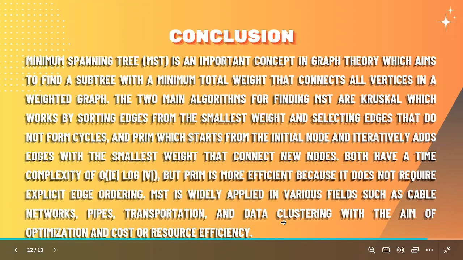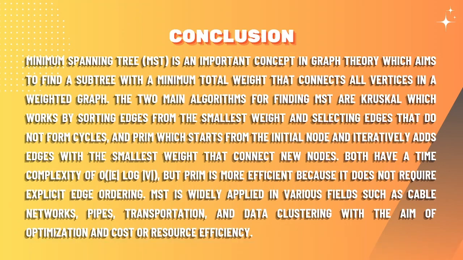So for the conclusion, minimum spanning tree, or MST, is an important concept in graph theory, which aims to find a subtree with a minimum total weight that connects all vertices in a weighted graph. The two main algorithms for finding an MST are Kruskal, which works by sorting edges from the smallest weight and selecting edges that do not form cycles, and Prim, which starts from the initial node and iteratively adds the edge with the smallest weight that connects new nodes.